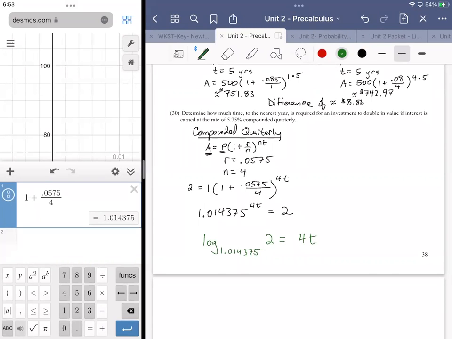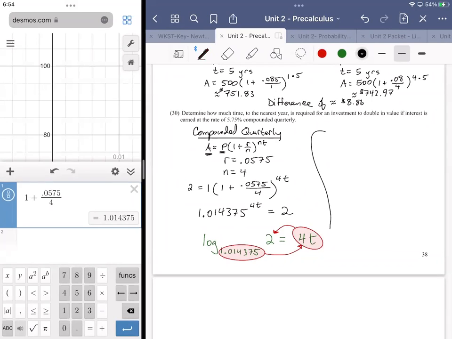So then we could do a quick double check and just make sure that doing that little circular motion thing would get us back to the exponential form. And if it does, we know we're in good shape. And it does, so we're in good shape. So if I want to get the t alone, I would divide both sides by 4.